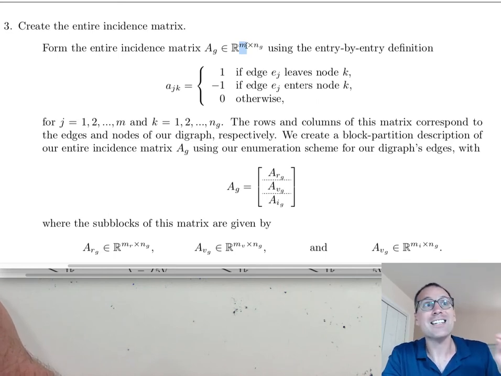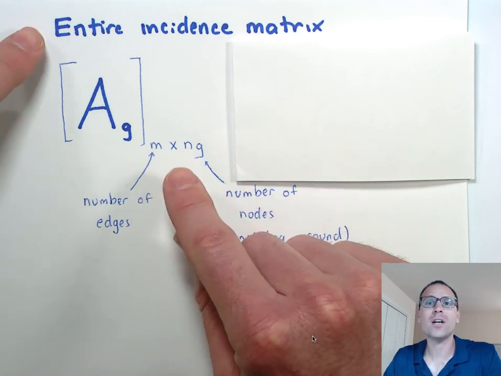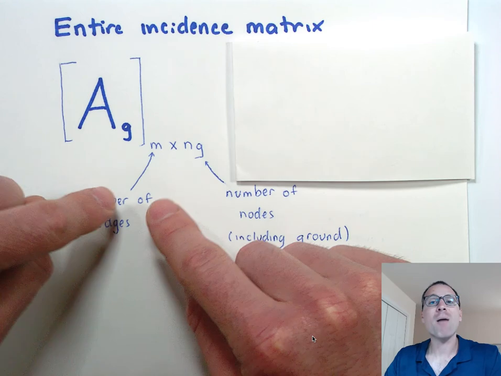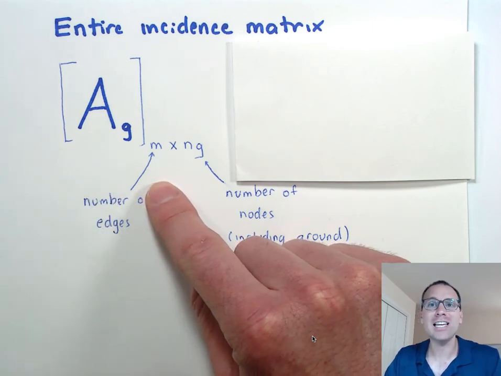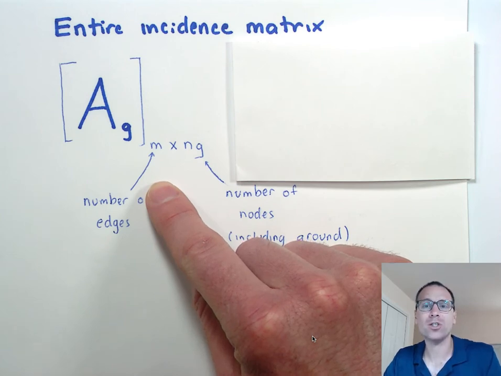So in this incidence matrix, A sub G, the rows of that matrix are going to correspond to edges. The columns of that matrix are going to correspond to nodes. Again, step 3 is designed to construct the entire incidence matrix A sub G. The number of rows of this matrix corresponds to the number of edges in the digraph model, or the number of elements in our original circuit: rows, edges.